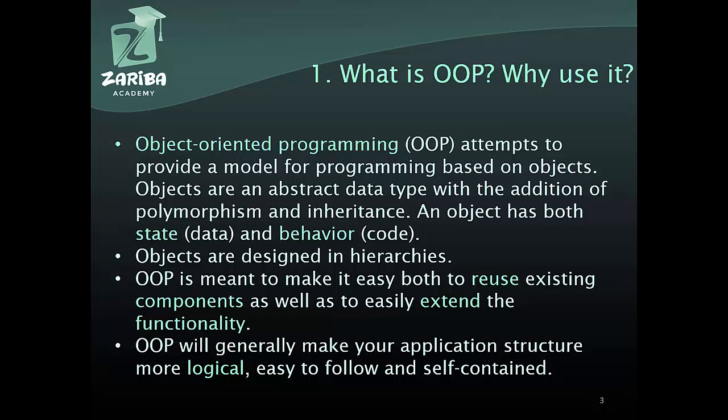Okay, object-oriented programming is meant to make it easy both to reuse existing components. So the thing that I mentioned a bit earlier: if you have an animal, and it has the name, the weight, and so on, a couple of properties which are common to every single animal, I don't have to write it again for every animal.